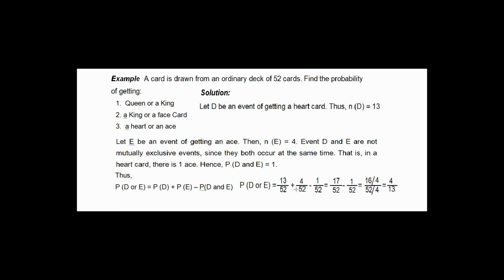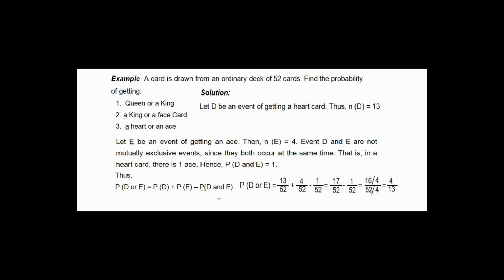This is the value of P(E), which is the event of ace, minus P(D and E).